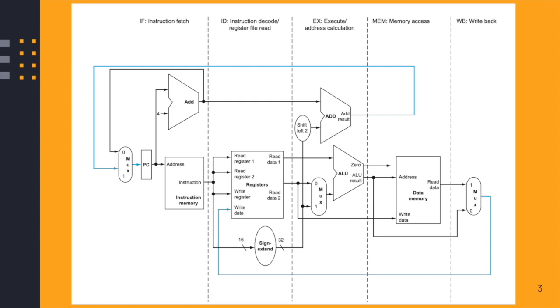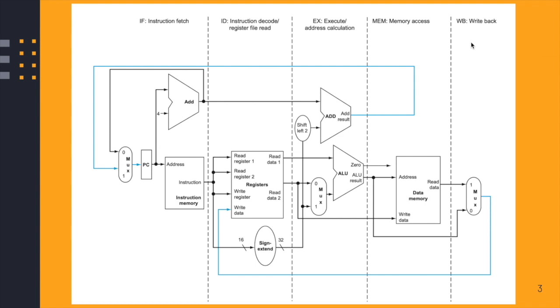Okay? So we have 5 different stages an instruction passes by in our simple implementation. We start with the instruction fetch stage, followed by the instruction decode and register file read stage, followed by the execute and address calculation stage, followed by the memory or mem stage, and finally the write back stage.